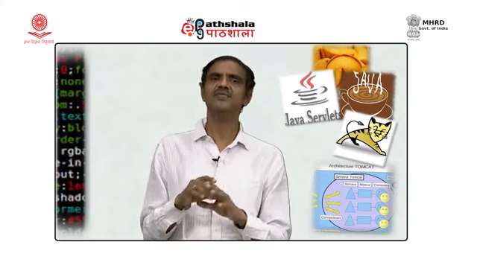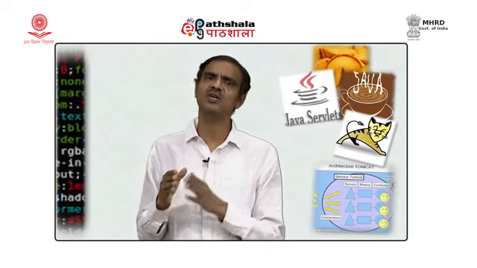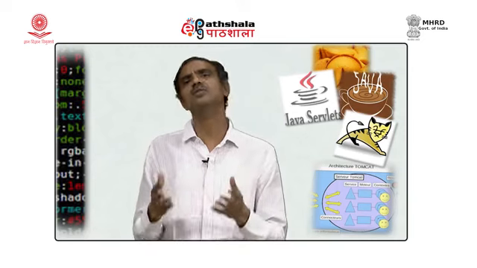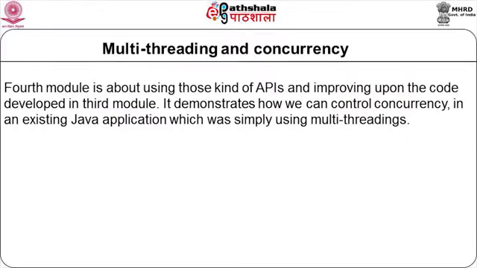Fine. So, we have APIs added in Java 5 called the concurrency API. So, module 4 is actually using those kinds of APIs and improving upon what was done in module 3. So, that is again multi-threaded concurrency used. So, we have that module 4. Module 5, of course, I also mentioned that someone invoking a method on an object is also a client server paradigm.